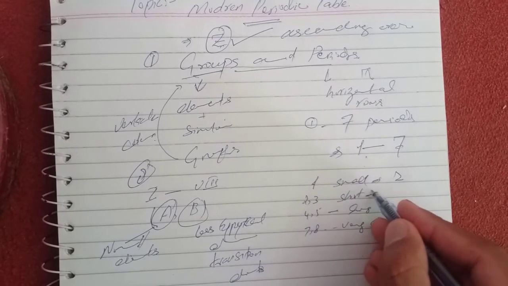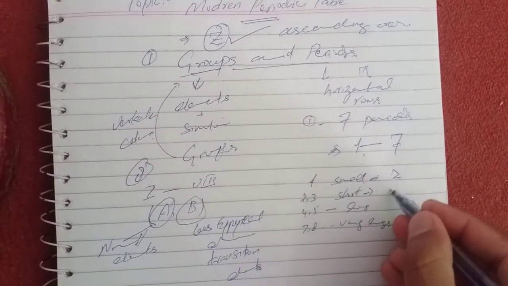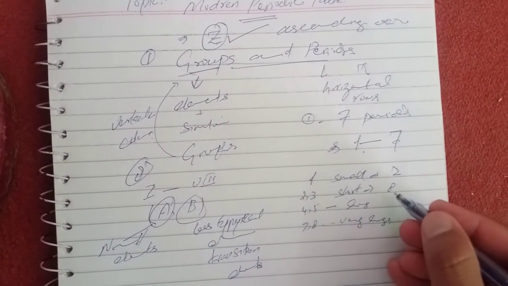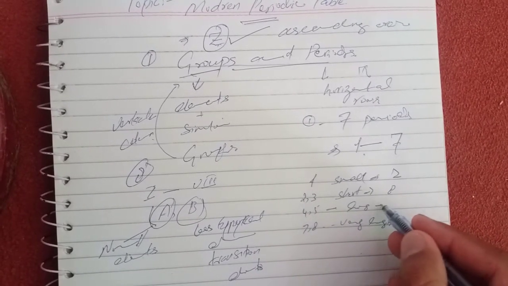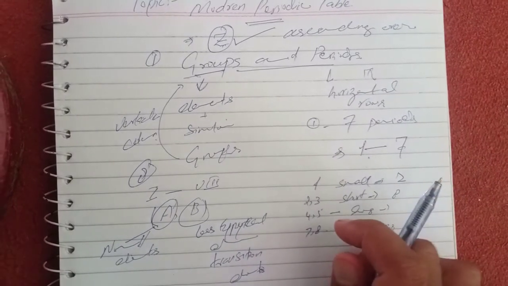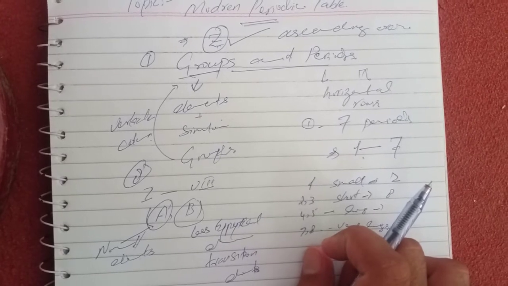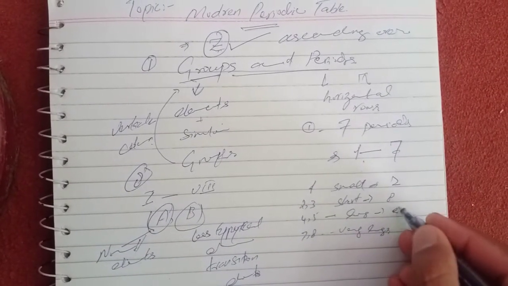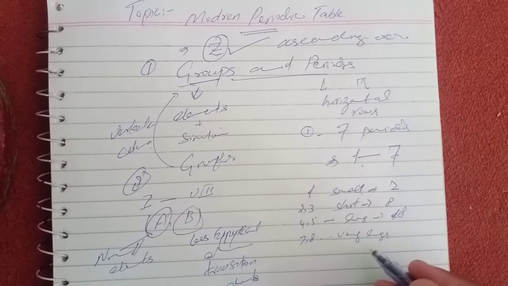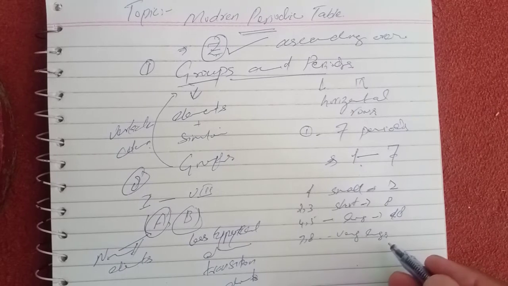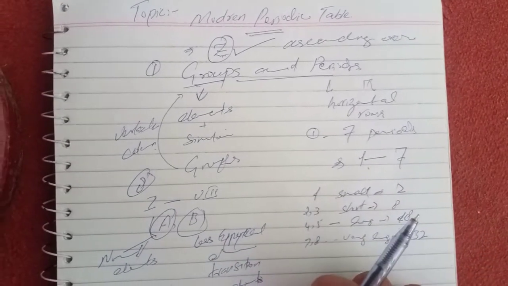The second and third periods contain eight elements each. The fourth and fifth periods each consist of 18 elements, and the sixth and seventh periods contain 32 elements.